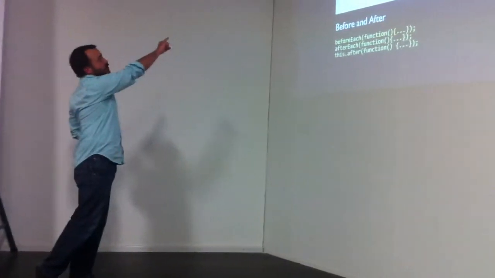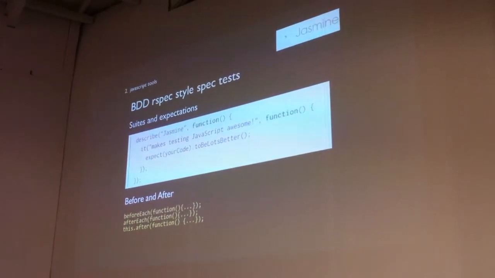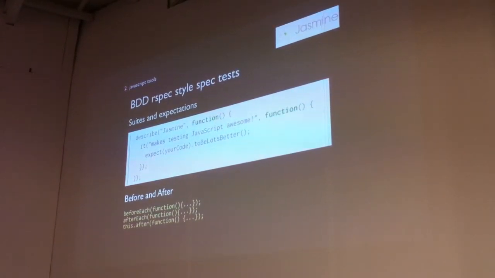It's used with the describe function, and in this suite you are describing the context. In this case, Jasmine. And then inside every suite you have expectations that will be fulfilled or that will fail. In this case, the expectation is set as one of the parameters. The other parameter is the function that actually will be running and that will be checking the validity value.